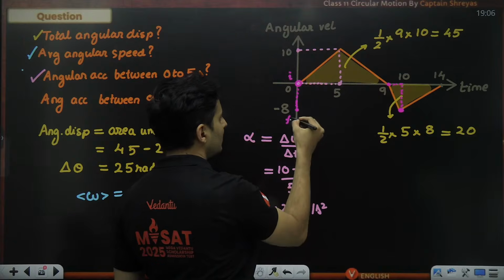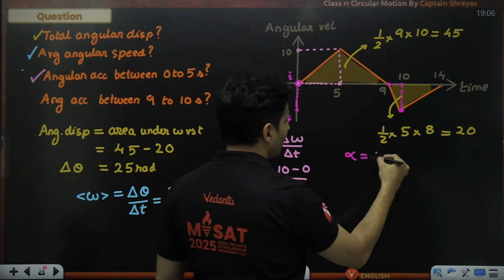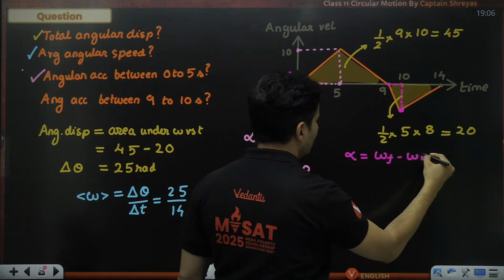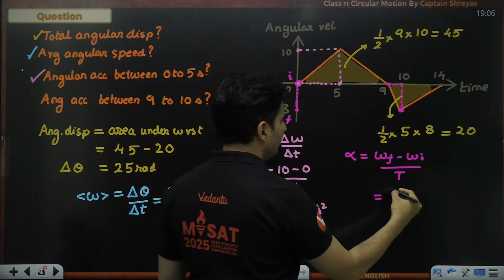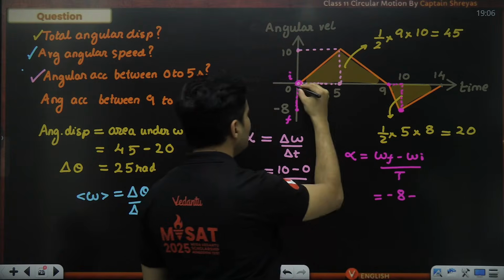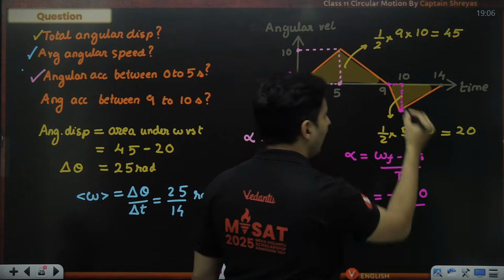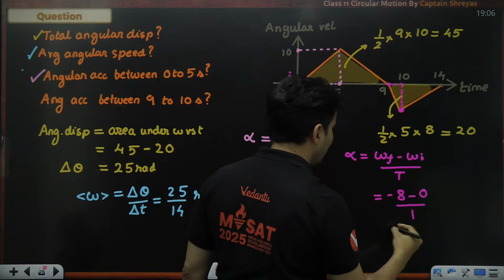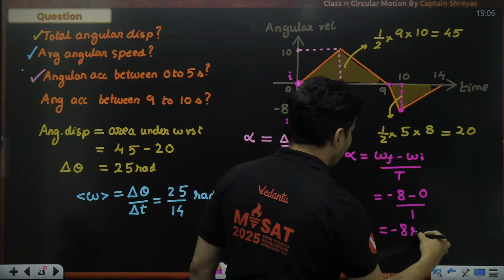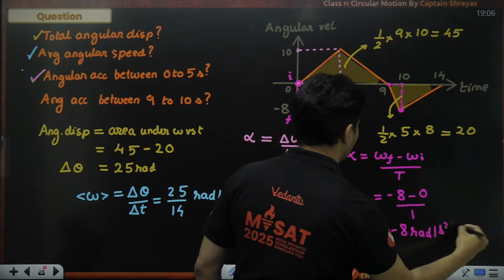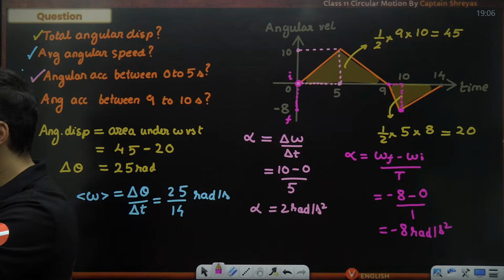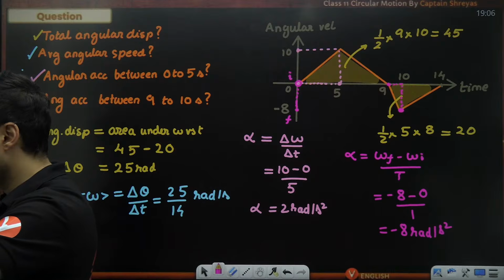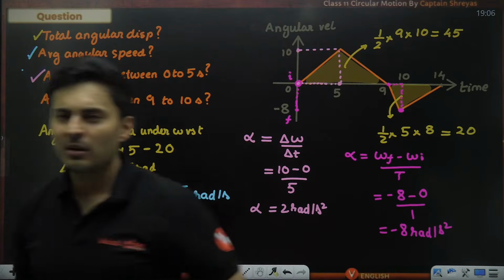So alpha is final minus initial divided by that time. Final will be minus 8, initial will be 0, time taken is barely 1 second. So it will be minus 8 radian per second square. That's it. So graphical questions also you can do. It's very straightforward.